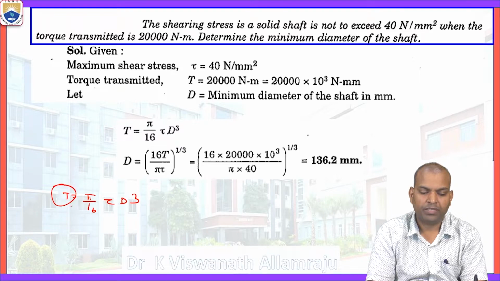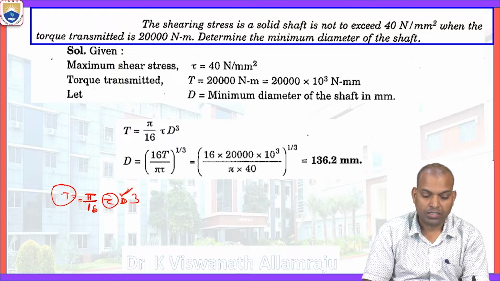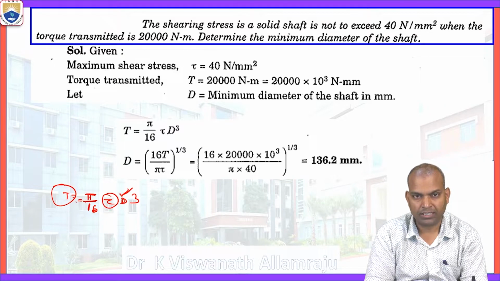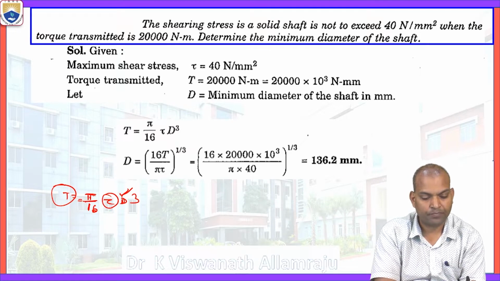So the output parameter is the torque, and the input parameters are the shear stress and the diameter of the shaft. Sometimes it depends upon the given data. Here the given data is considered as the input parameters.